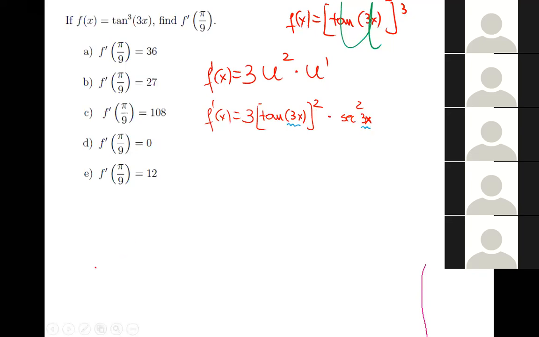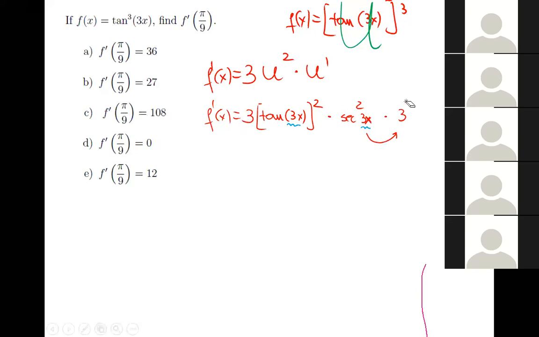And since this is an additional 3x, I have to multiply by the derivative of 3x. Okay, that's pretty much my derivative: 3 times tangent squared of 3x times secant squared of 3x times the derivative of 3x, which is 3.